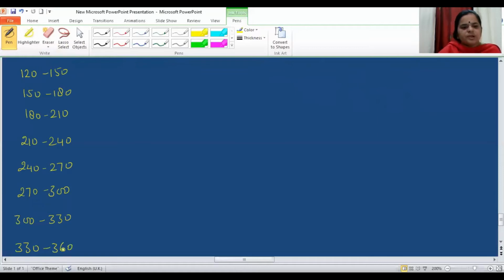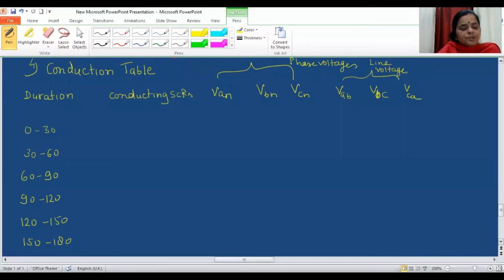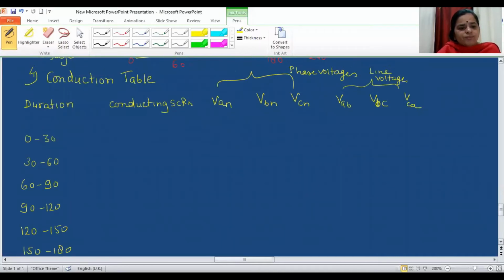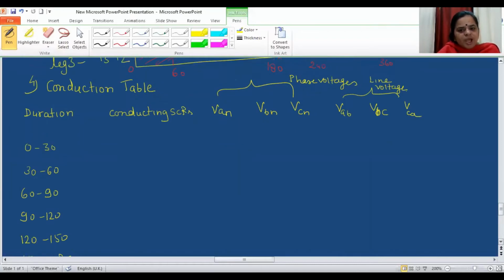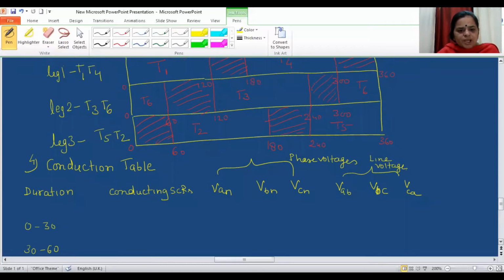So what we have done, we have written a duration for one complete cycle, that is 0 to 360 at an interval of 30. Now the conducting SCRs we can determine with the help of the conduction diagram.